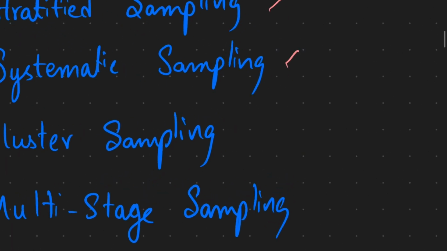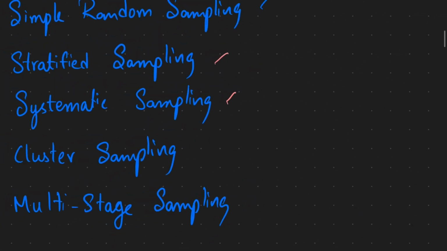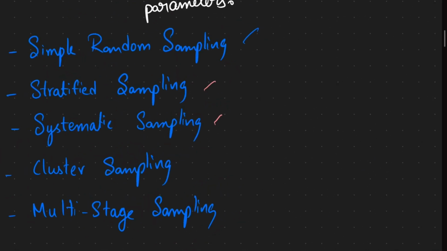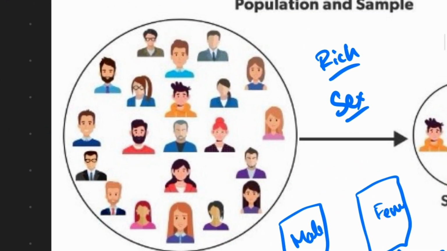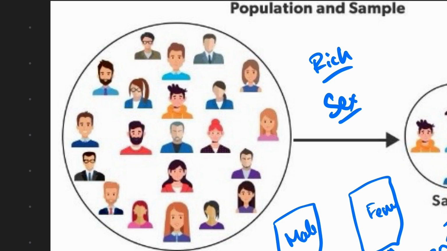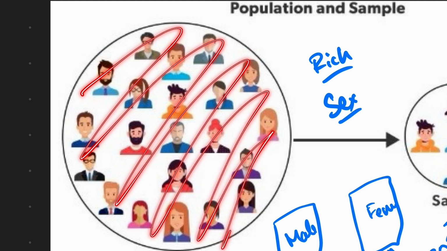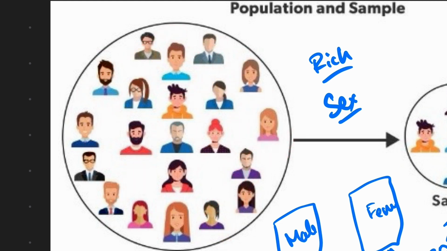Coming to cluster sampling, for instance, let's say all of these are students from all the schools in the world, and I'm trying to pick a few students. There are a few techniques I mentioned, simple random sampling and stratified sampling. Now we are talking about cluster sampling.